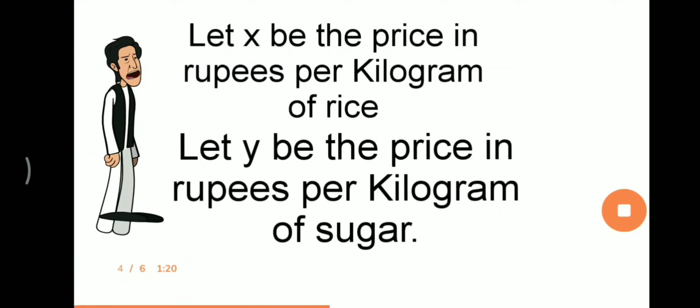Let us formulate a mathematical model to compute the price per kilogram of rice and the price per kilogram of sugar. Let x be the price in rupees per kilogram of rice and let y be the price in rupees per kilogram of sugar.